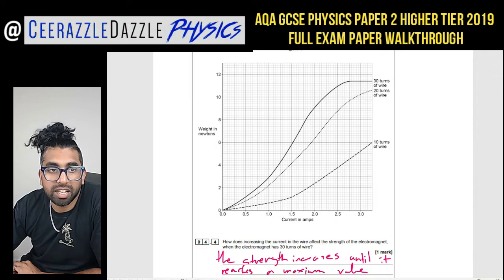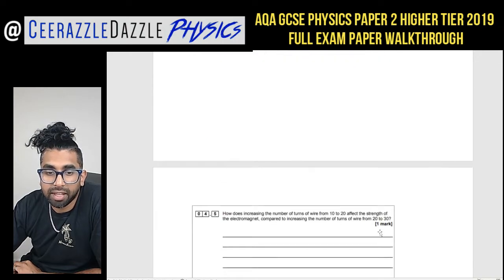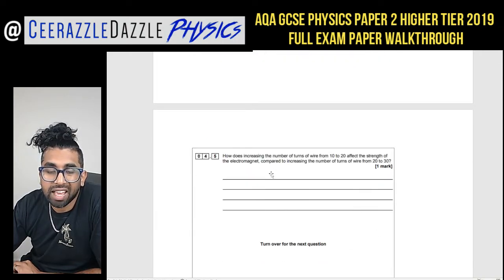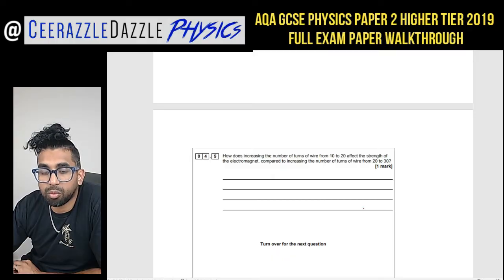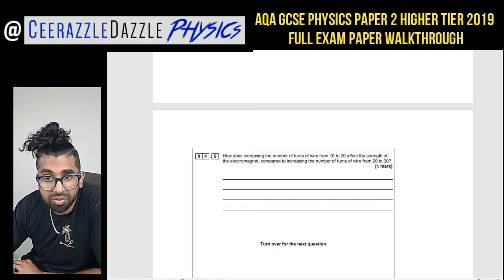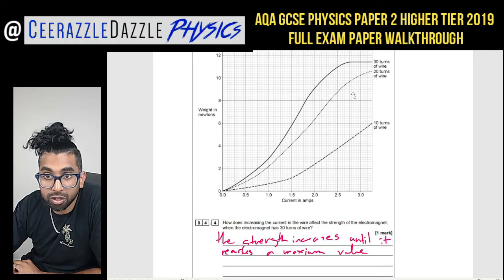Excellent stuff. Right, the next one, 4.5. How does increasing the number of turns of wire from 10 to 20 affect the strength compared to increasing the number of turns from 20 to 30? So we're comparing 10 to 20 with 20 to 30. Obviously we can see there's a greater change from 10 to 20 than there is from 20 to 30.